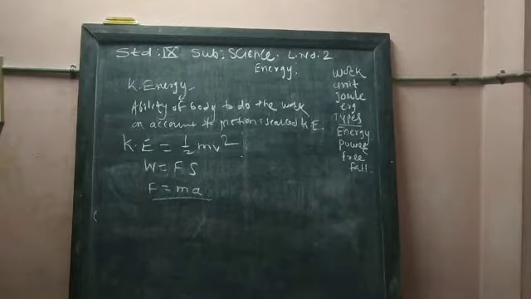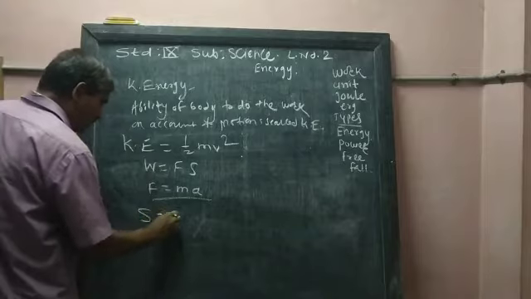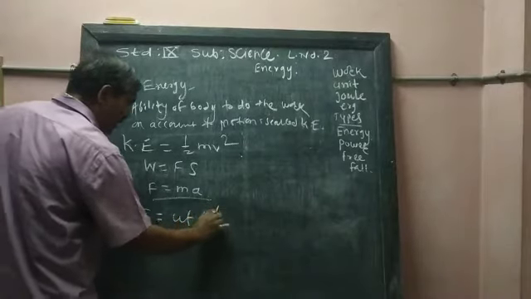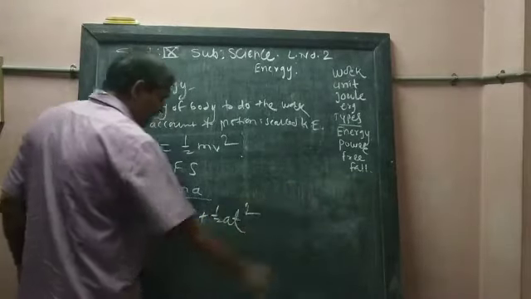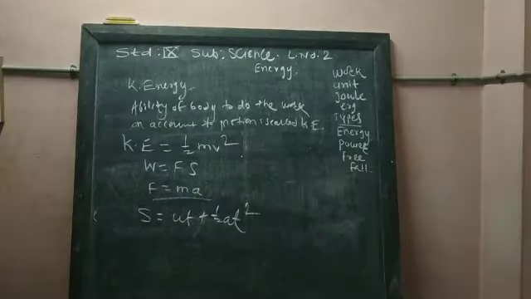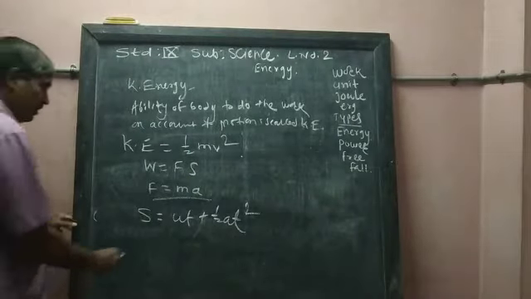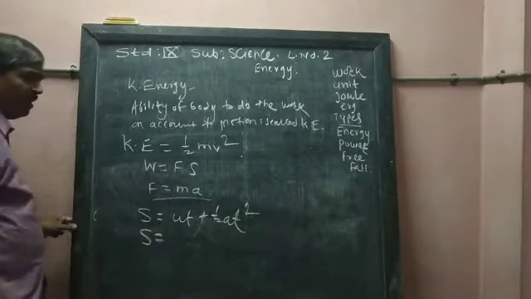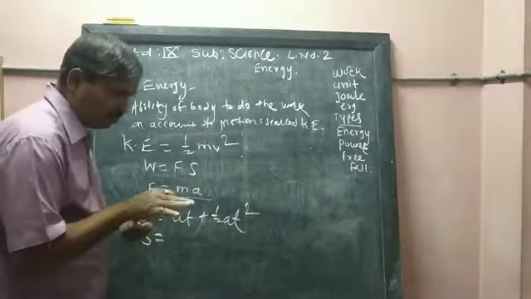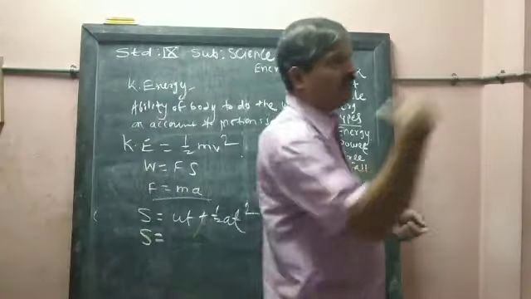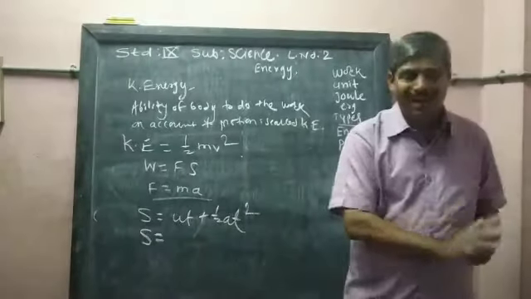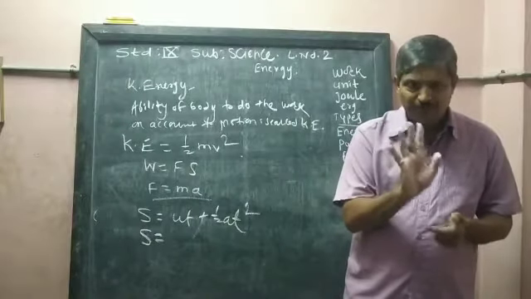According to Newton's second law, S is equal to ut plus half at square. Then initial speed, any body when starts to move, it doesn't start from 100 to 2000 or 2000 to 1 lakh. It always starts from 0.